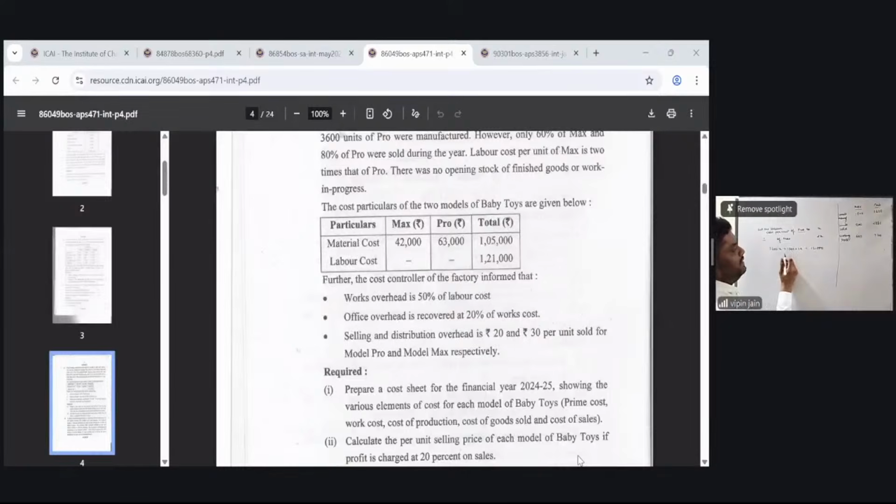So 3 plus 3, 6,600x is equals to 1,21,000. So value of x will be how much? 18.33 will be the cost per unit.